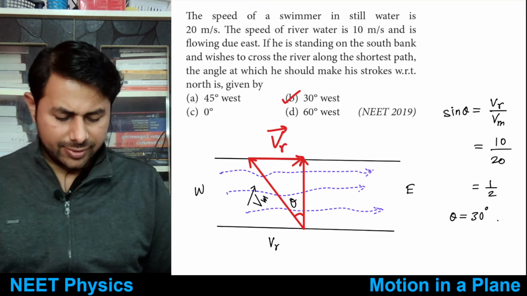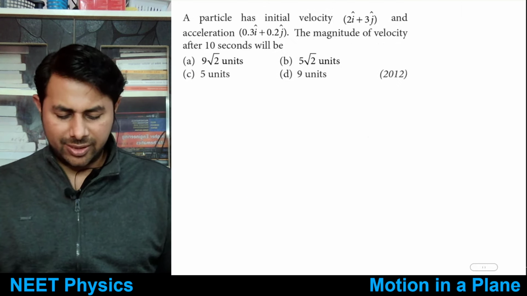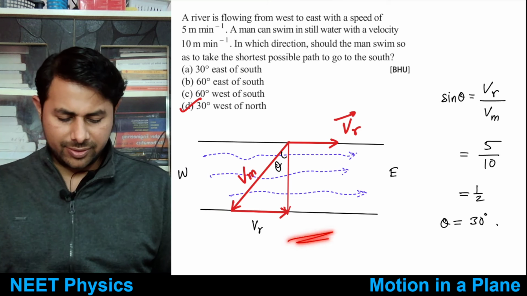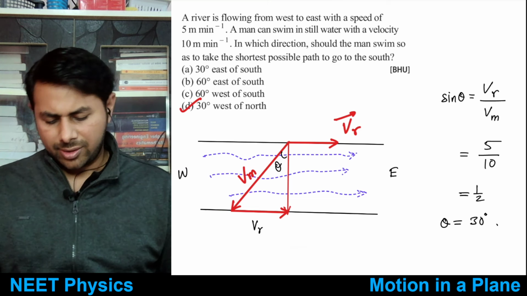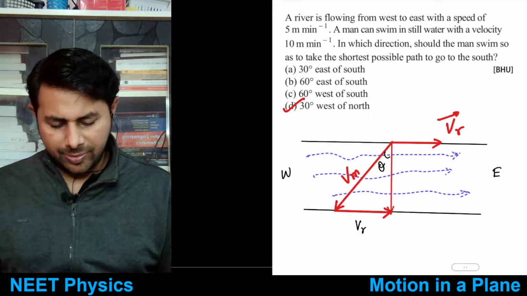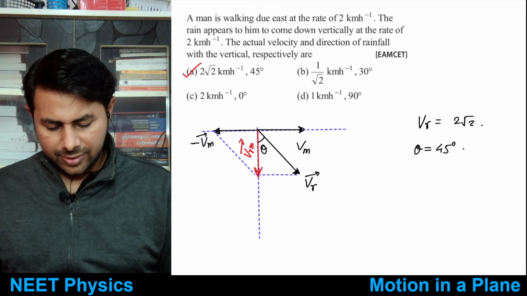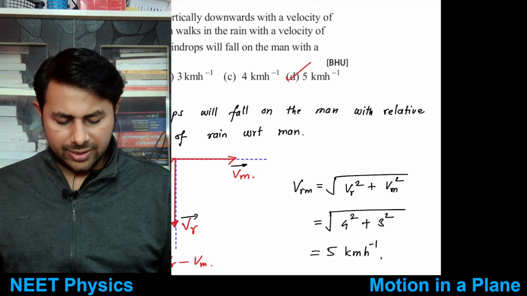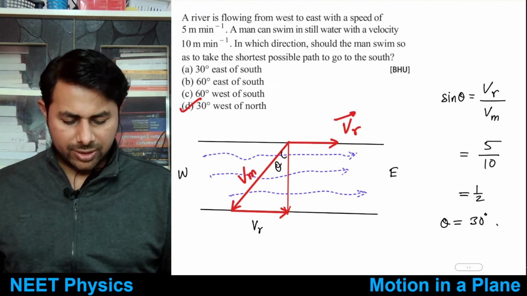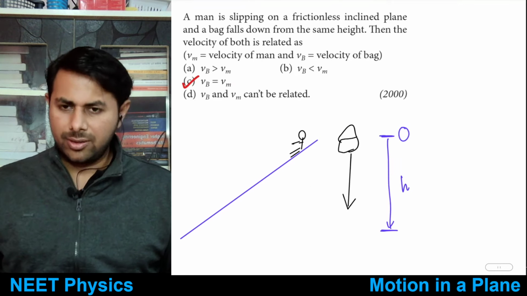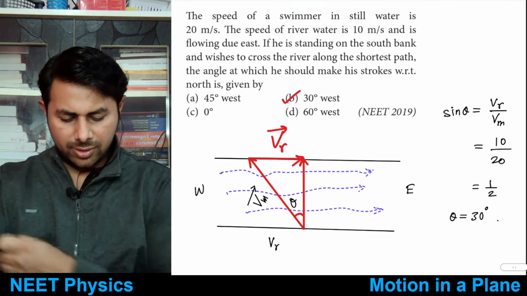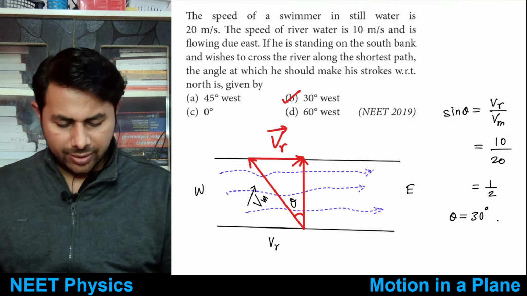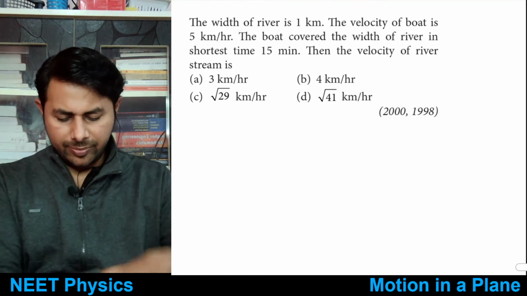Okay, this question is quite repeated. Maybe in different exams they have taken it. Sometimes it is rain, sometimes it's a man swimming across the river. One or two questions I have not taken because it's basically the same question.